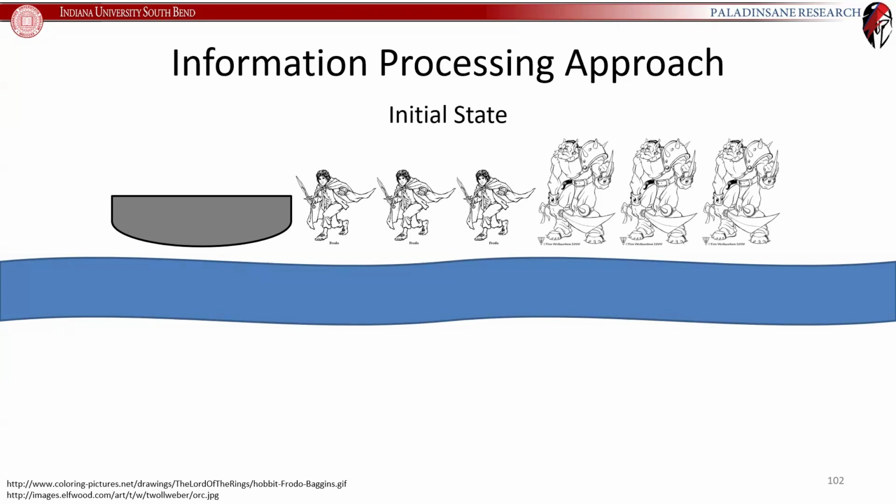Okay, so let's take a look at this problem from the perspective of a problem space. So we'll do the solution first. Weirdly with this problem, if you follow the rules of the riddle, the problem only has one path that you can go through the space as long as you make the first choice correctly.